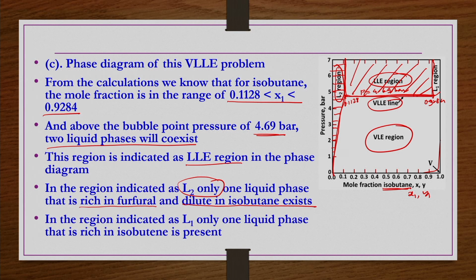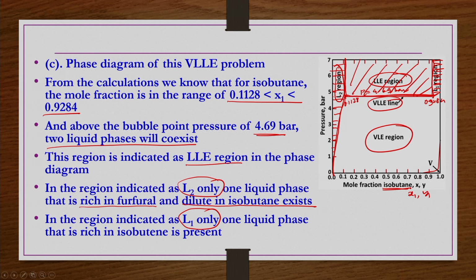And the region L1 is rich in isobutane. So, you can see this entire region L1 is rich in isobutane.